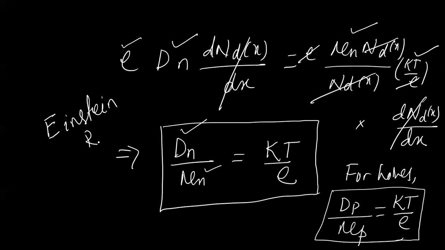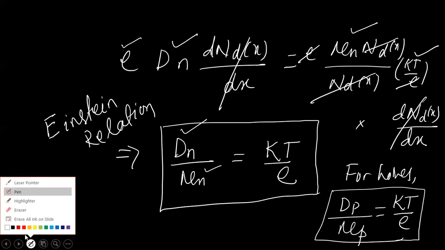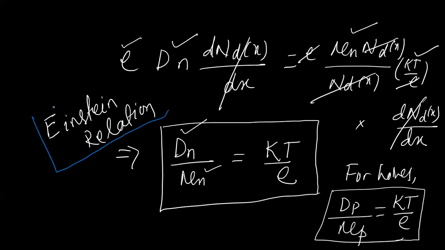So what is the Einstein relation? This relation connects the diffusion coefficient of a charge carrier to its mobility. Here k is the Boltzmann constant, T is the temperature, and e is the electronic charge.